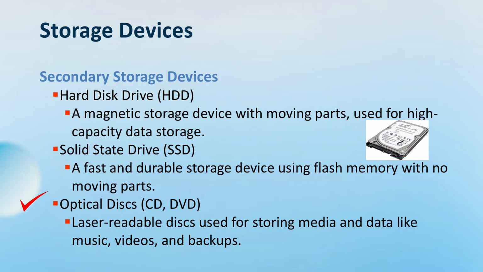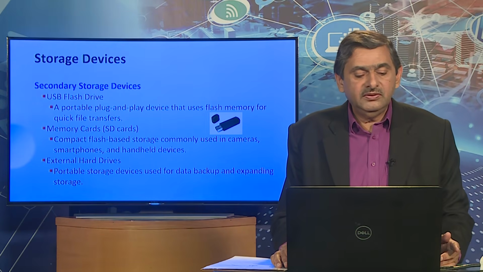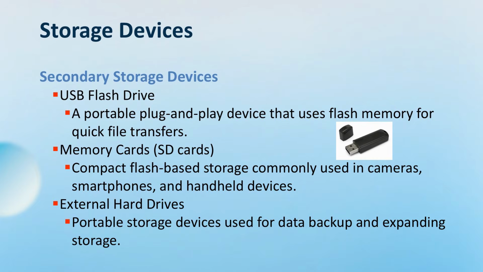Then we have optical discs, CD and DVD, and these are laser readable discs used for storing media and data like music, videos and backups. Let's see some more examples of secondary storage devices. We have the USB flash drive, which is a portable plug and play device that uses flash memory for quick file transfers.